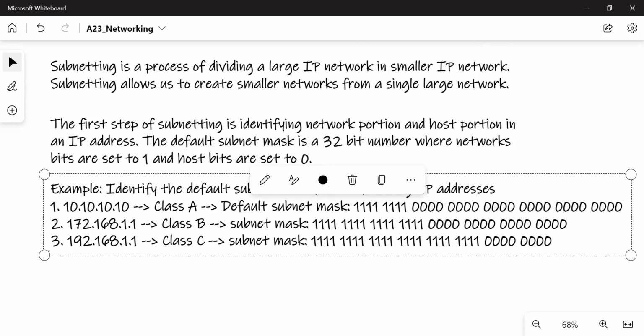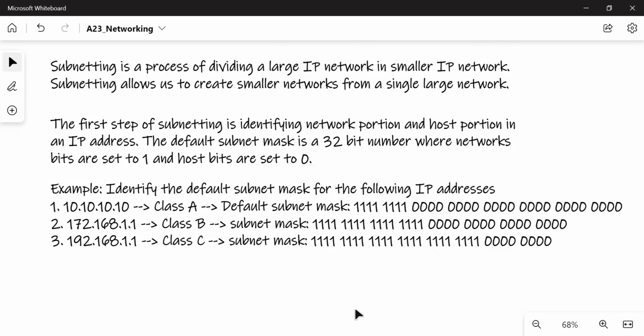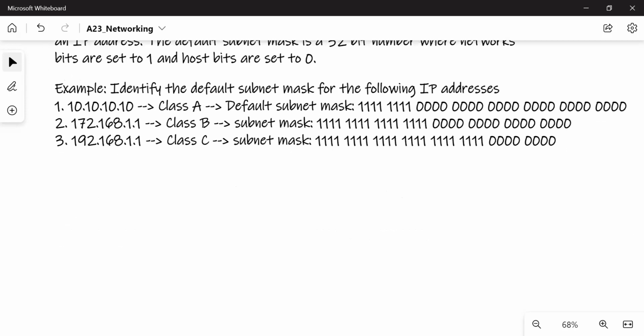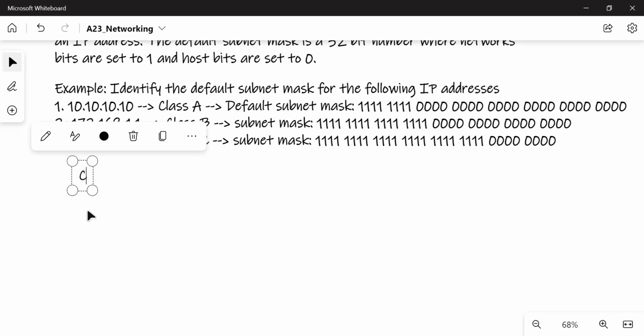Okay, now that we have discussed, let's move on. Let's discuss how can we create subnets within class A network, right? So I'm going to use class A. Class A subnets.